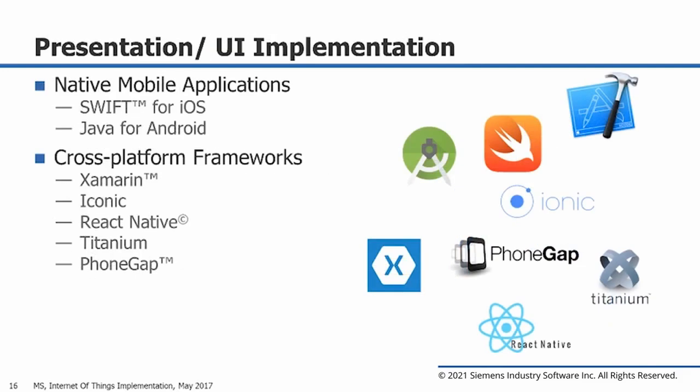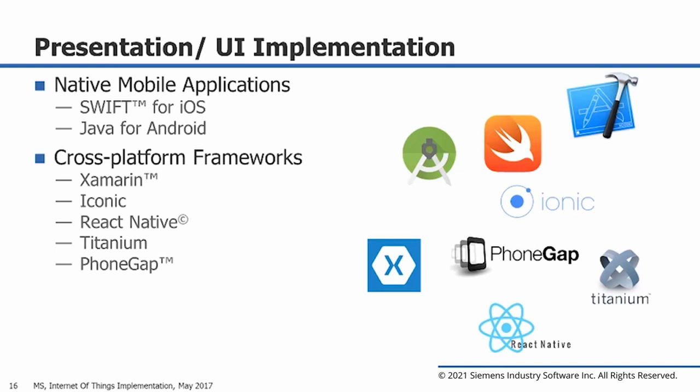Then we have mobile native applications that can be written in a native development environment. For example, for iOS, that would be the Swift language or Objective-C, and you use the Xcode IDE from Apple. For Android, you can use the Android Studio IDE to program your applications, and mainly you'll write code in Java.